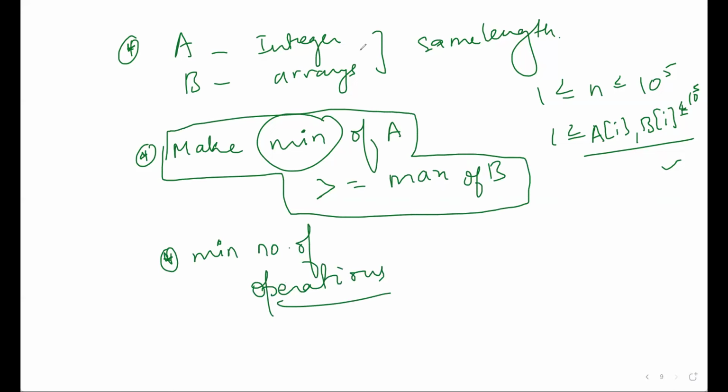But in step 4, at a time, they decrease the value of 3 to 2 and increase the value of 1 to 2.